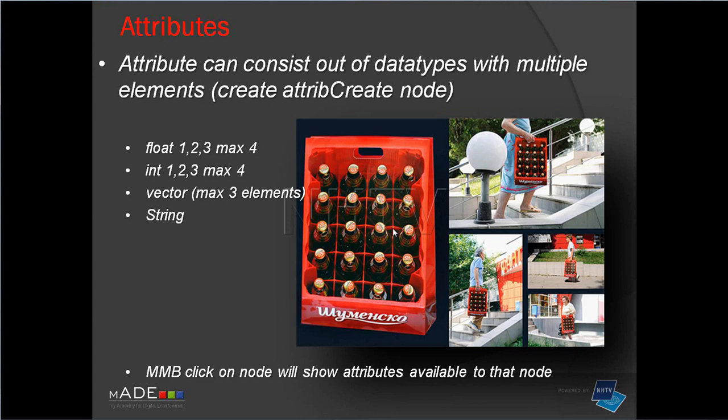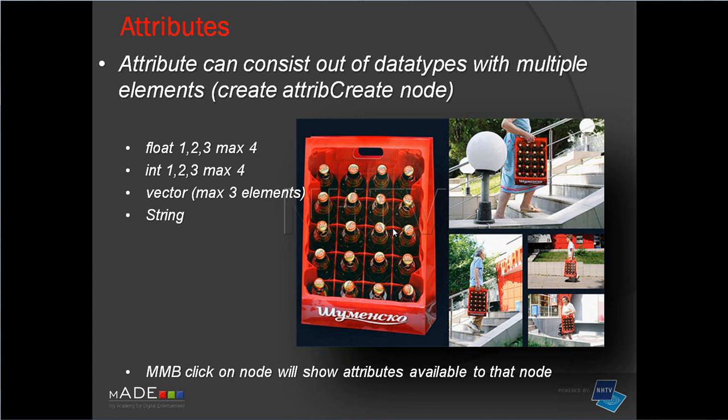What's also important to know about attributes is that they can be lots of things. An attribute can be a value of one thing, like a distance is just one value, but it can also be a value consisting out of three things. For example, it can be a vector.